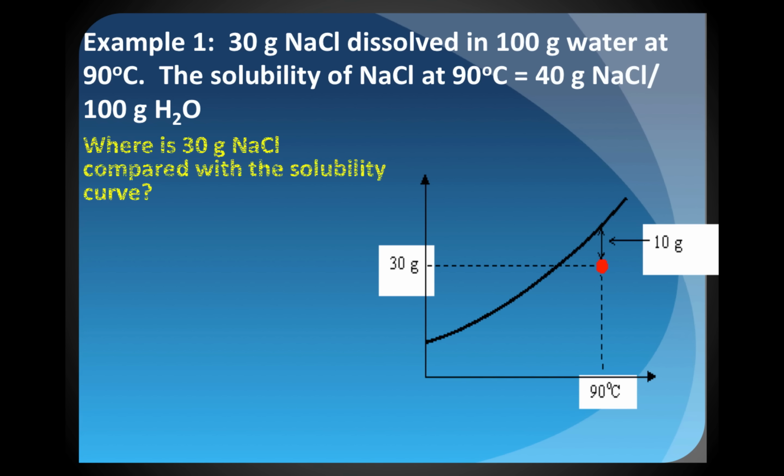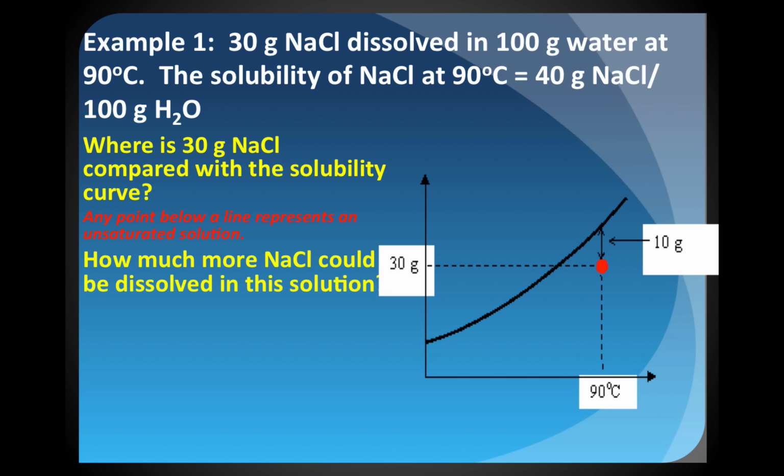What you want to ask yourself is, well, where is 30 grams of salt compared with the solubility curve? You can clearly see that it's below the line. It's below the curve. Any point below a solubility curve represents an unsaturated solution. Well, how much more salt could be dissolved in this solution?